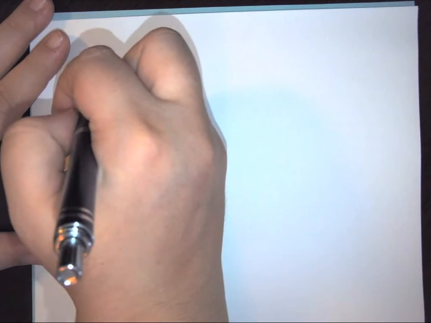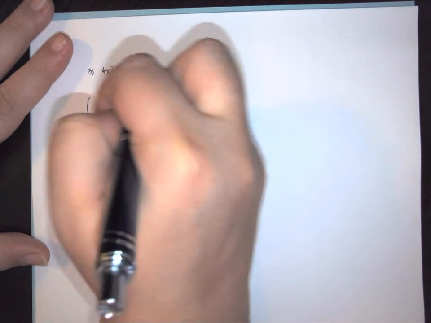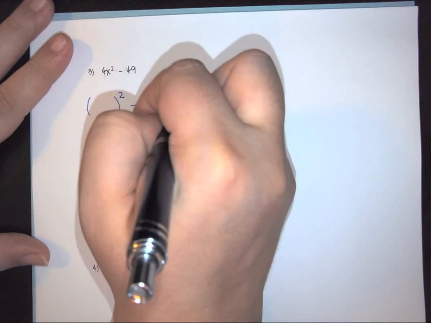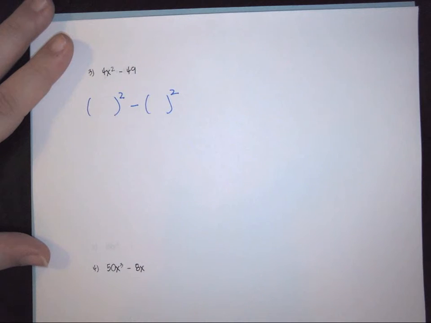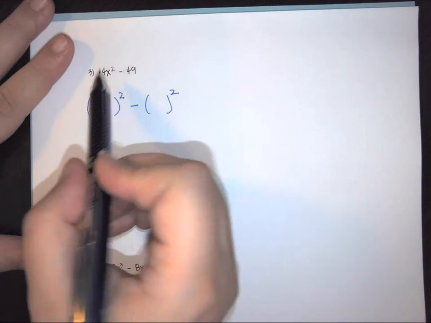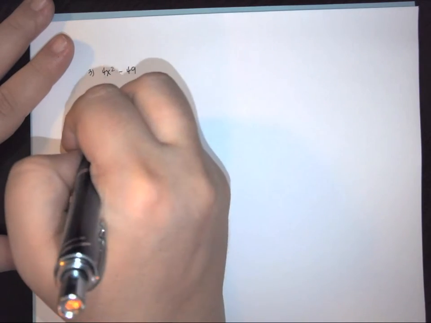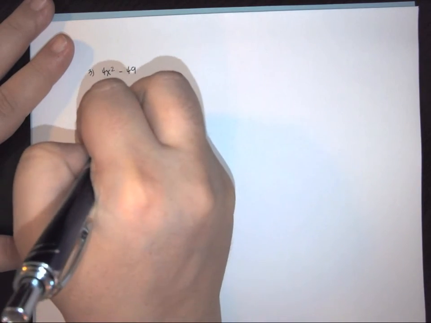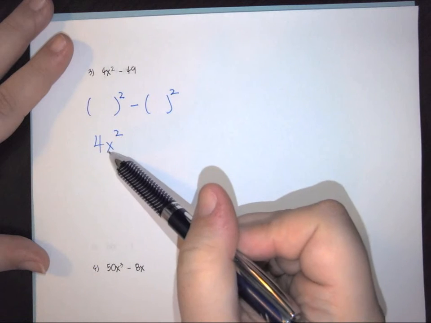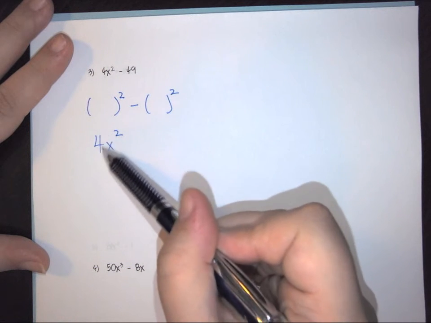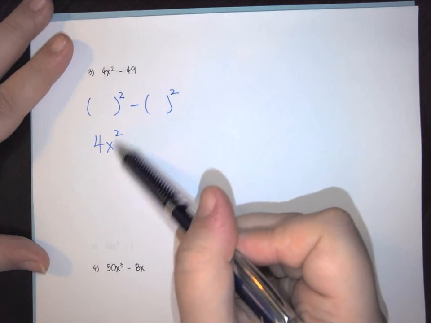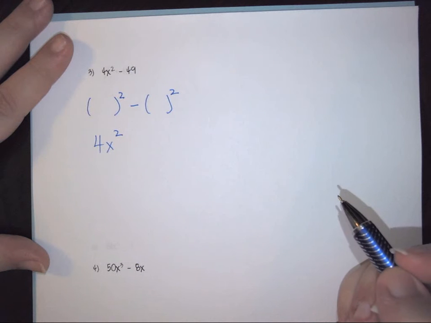What I need here is to turn this into something squared minus something squared. That's my goal. So I have 4x squared. If you look at this, notice 4 is a perfect square and x squared is also a perfect square.